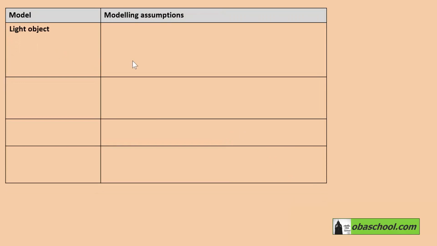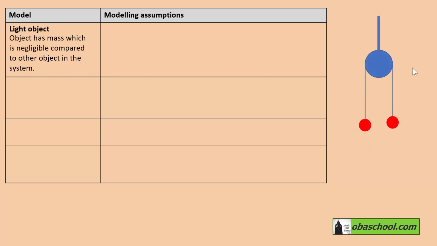A light object. An object has mass which is negligible compared to the other objects in the system. So this often applies in pulley problems such as this. The object can be considered to have no mass. So in this case, that's often the pulley and the string.